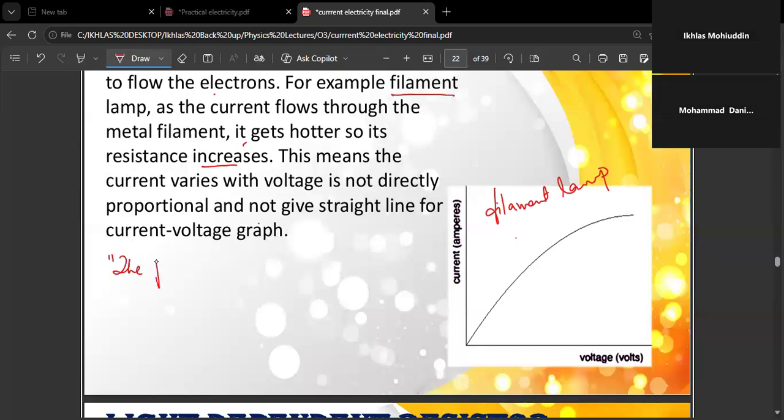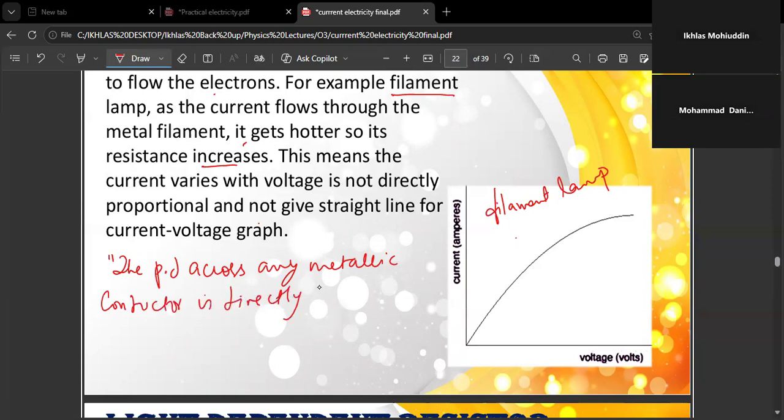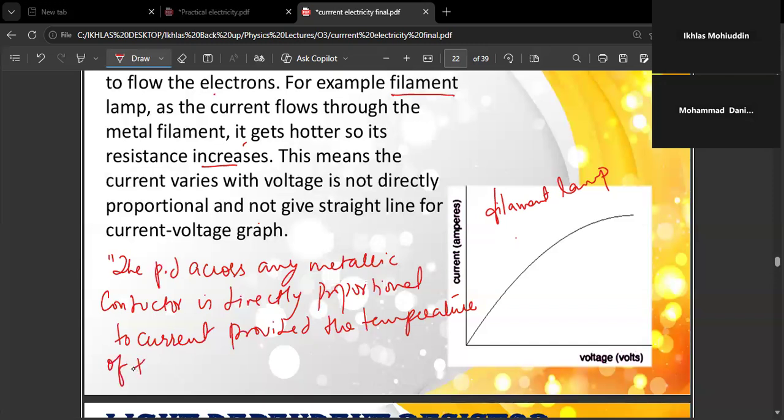The potential difference across any metallic conductor is directly proportional to current provided the temperature of the conductor is kept constant, right?